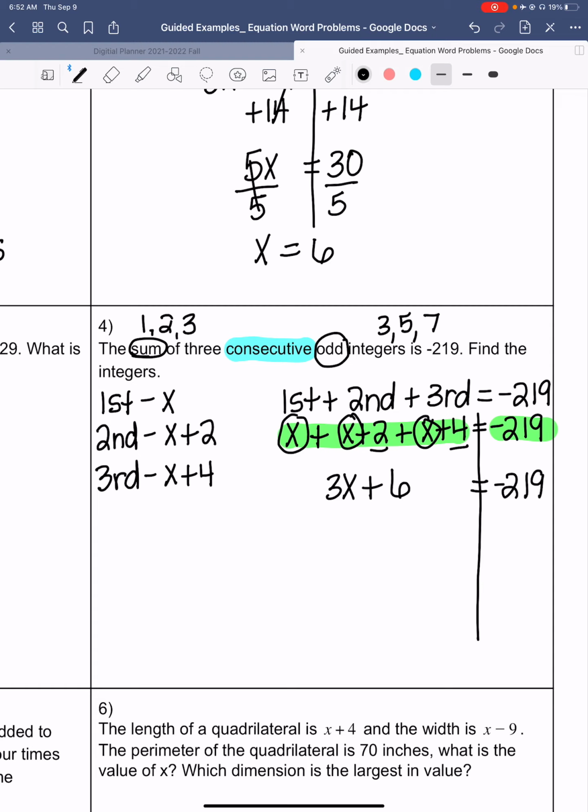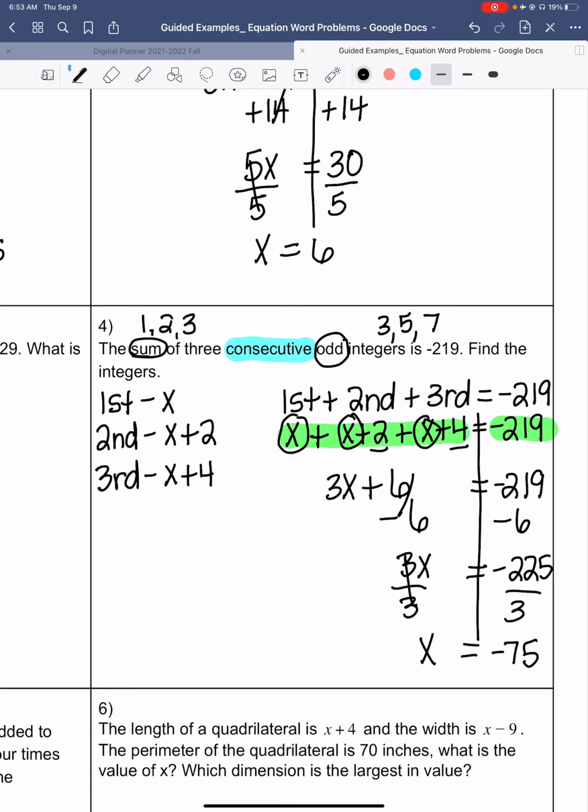All right, so now what we're going to do is subtract 6. So 3x equals negative 225. And at that point, we're going to divide by 3, and x equals negative 75.